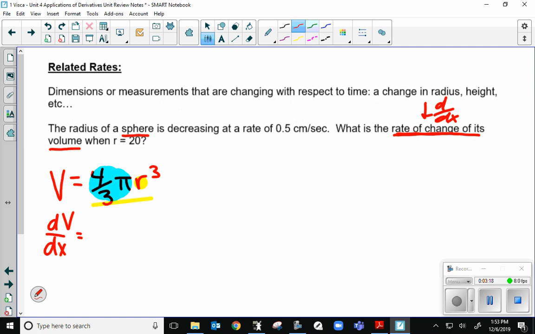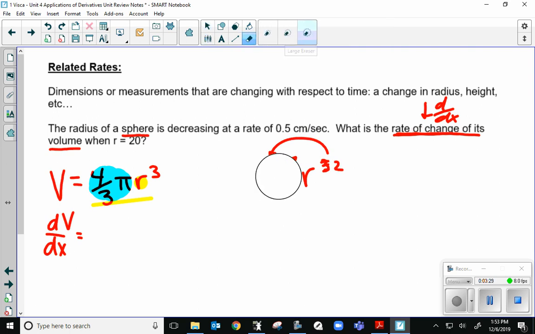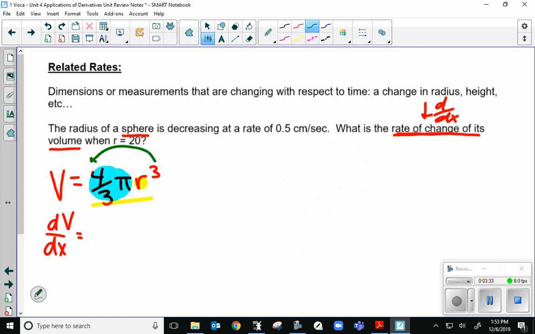Let's make it simple. Let's say 7. If I had 7r cubed, wouldn't I still bring the 3 down front and then subtract 1? Well, I'm going to do the same thing here. So who cares if it's a 4/3 and it's a pi? My 3 comes down, I multiply my 3 out front, and then I subtract 1, and this becomes a 2.